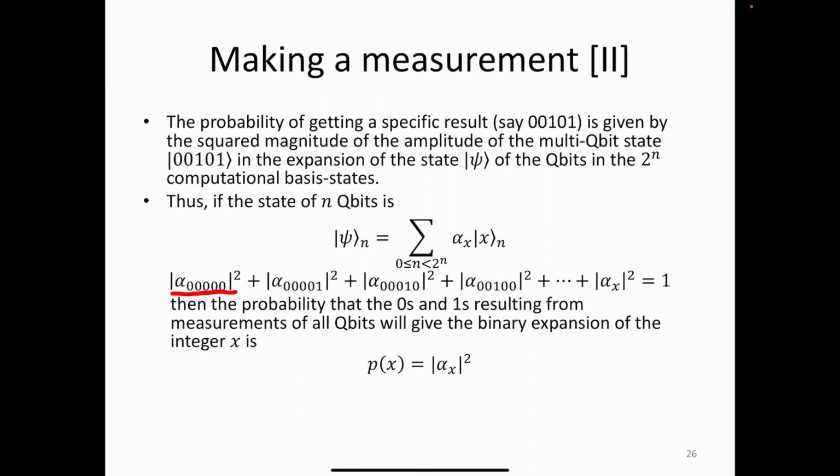And remember, you do the squared magnitude. And here, for complex numbers, if we say my complex number is alpha sub x, then that's how you do the squaring, right? So you take the complex conjugate multiplied by the original.